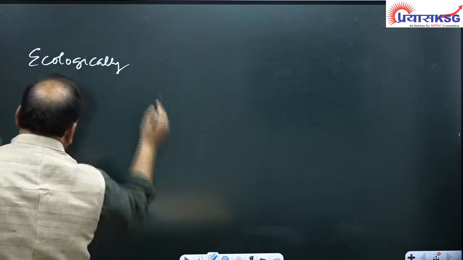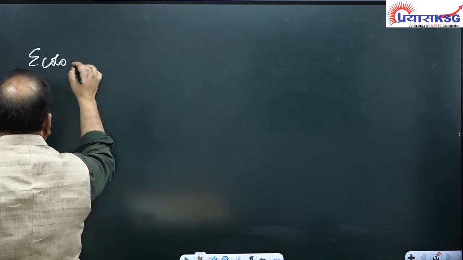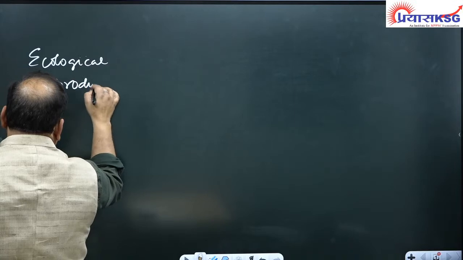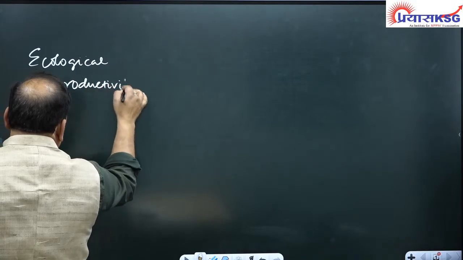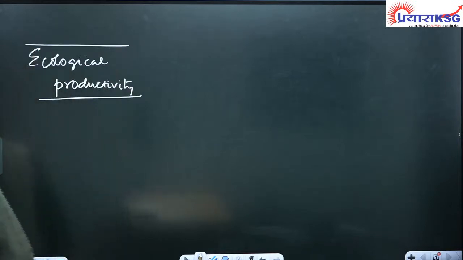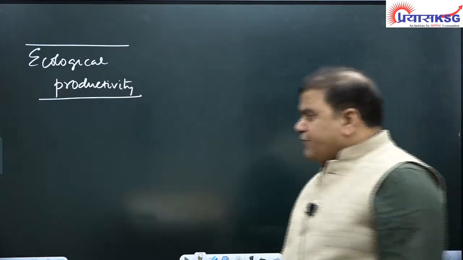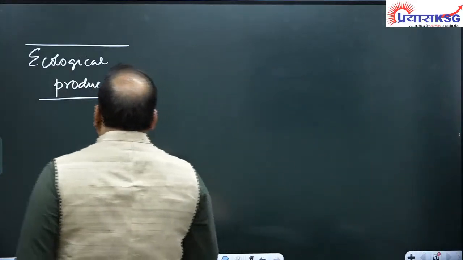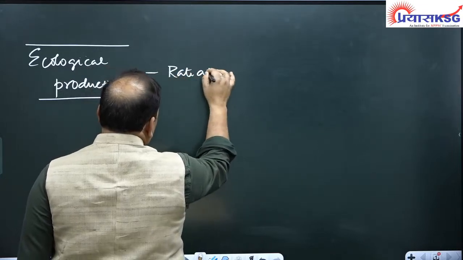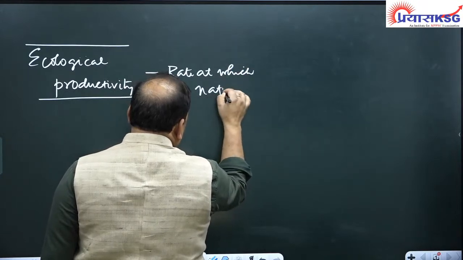Ecological productivity. It is the rate at which natural organic matter is generated.